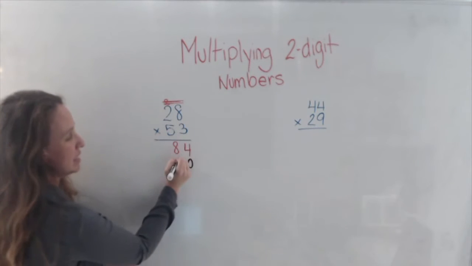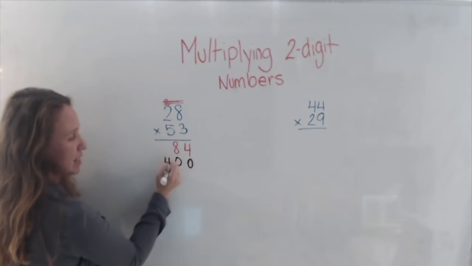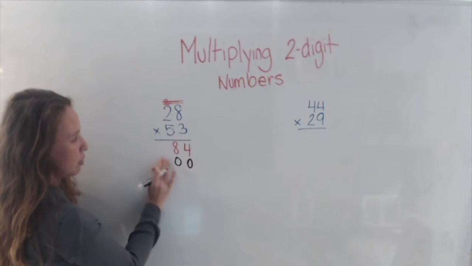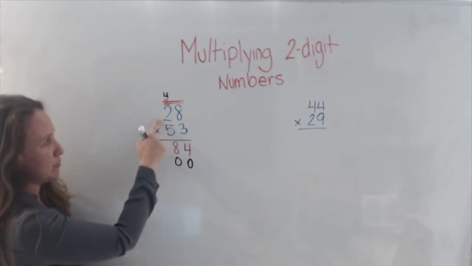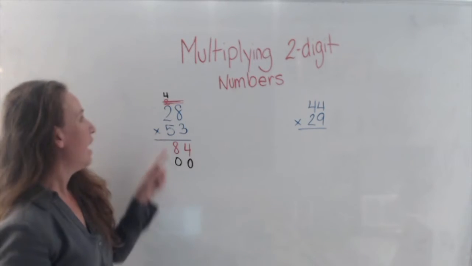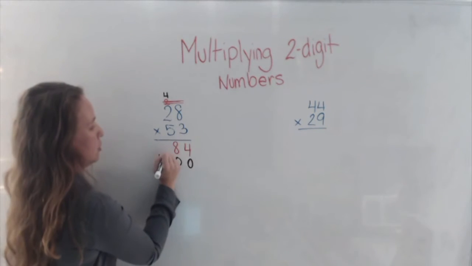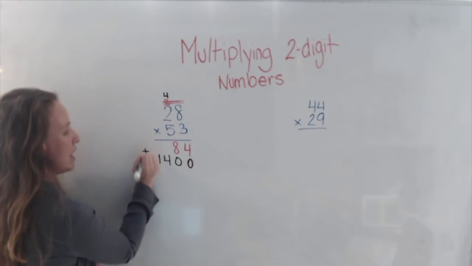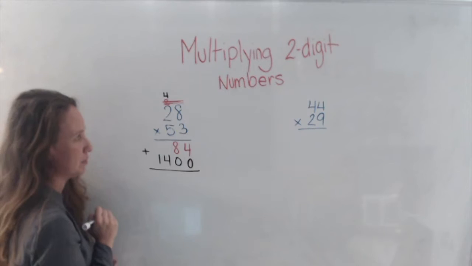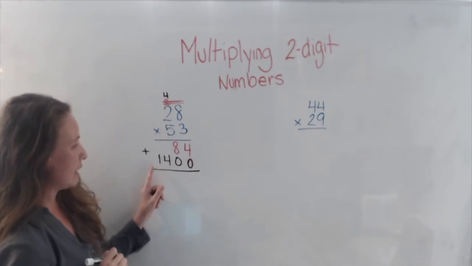5 times 8 is 40. Remember, instead of putting my 4 here, I'm going to write it up top. And now 5 times 2 is 10, and 4 more makes 14. Now I'm going to add those two together. So 84 and 1400.